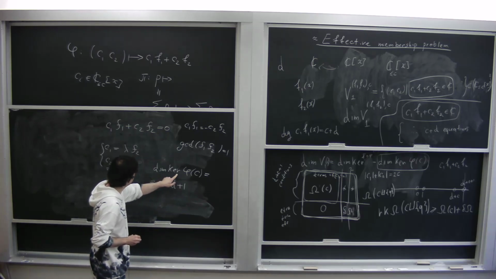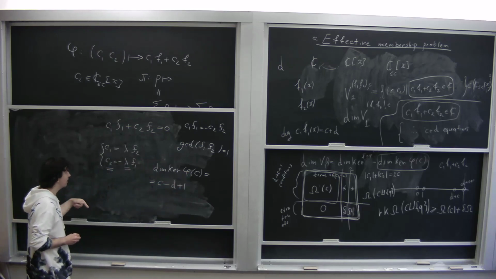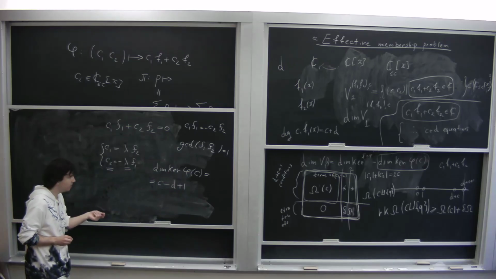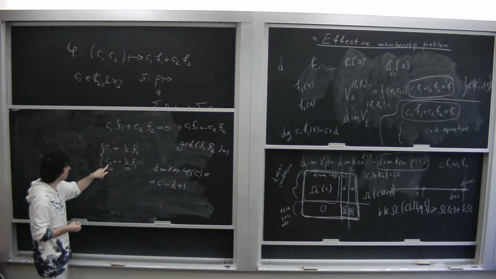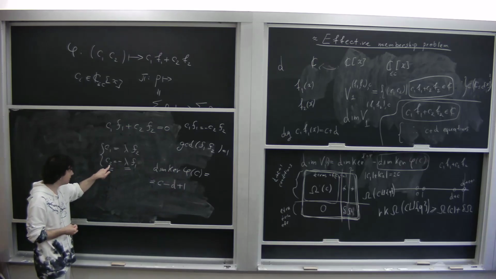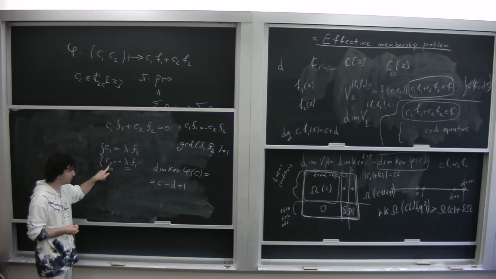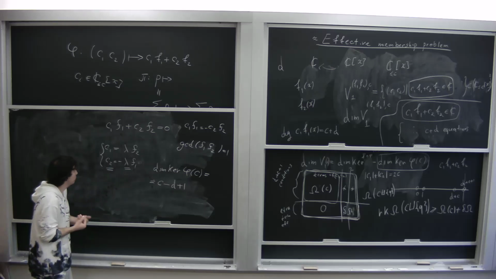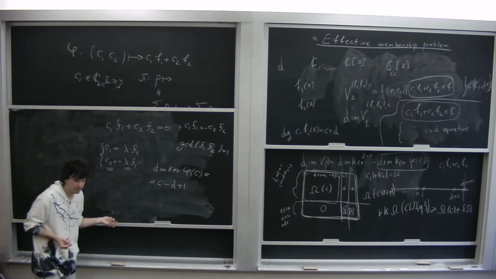So we have found the dimension of the kernel of phi, provided that it's even possible to find this kernel, because for some small degrees of C, C cannot be represented in this form because it might have degree too small to be the product of F and something else.